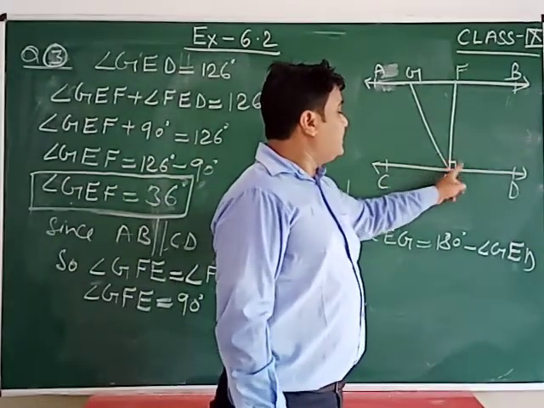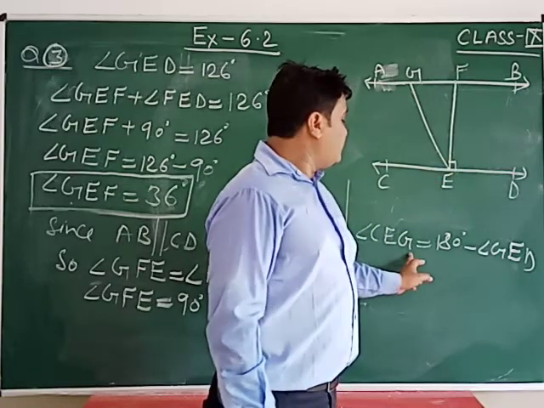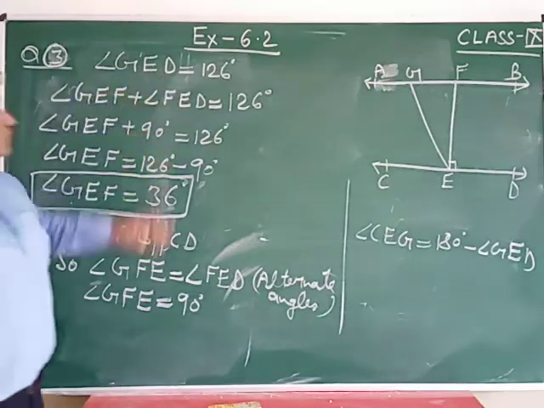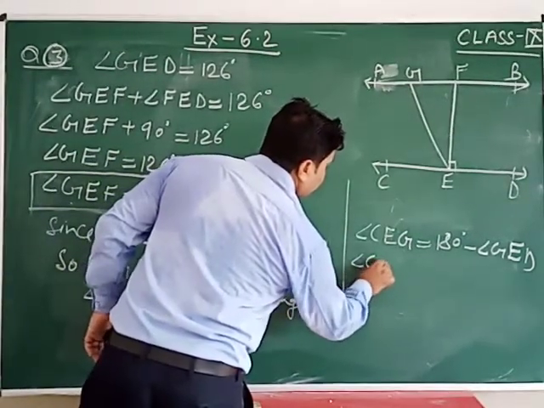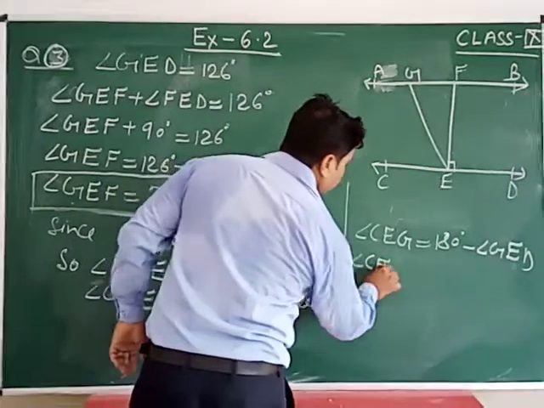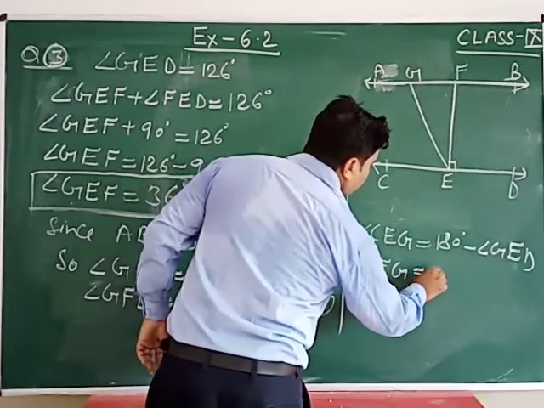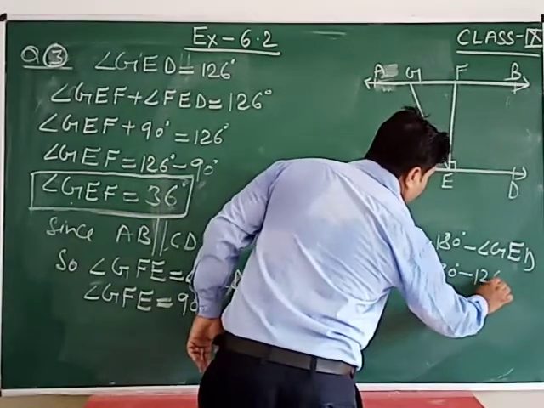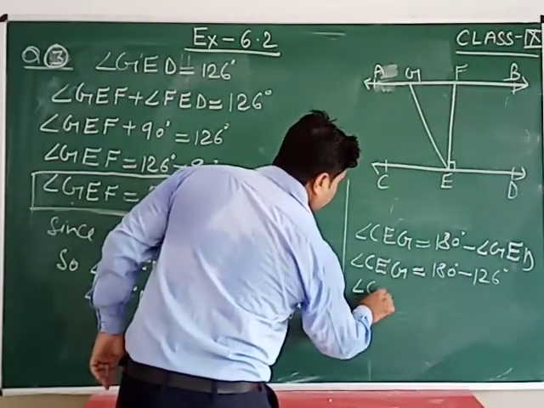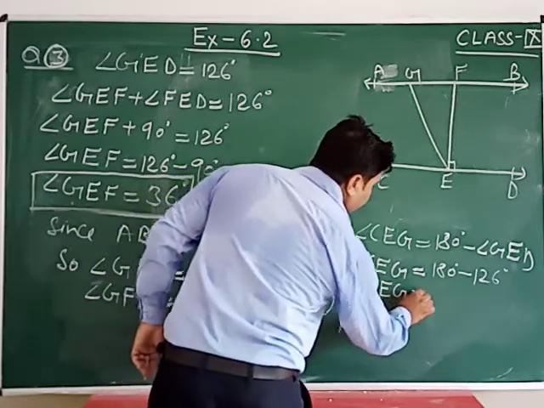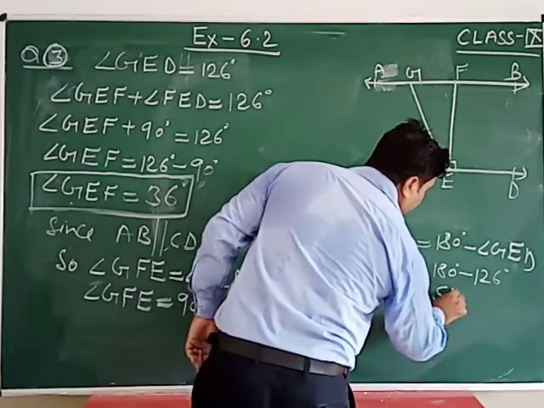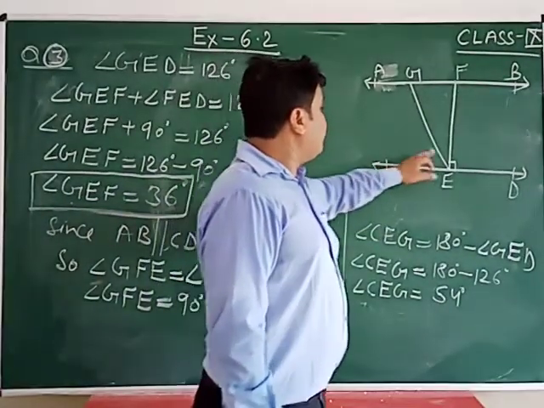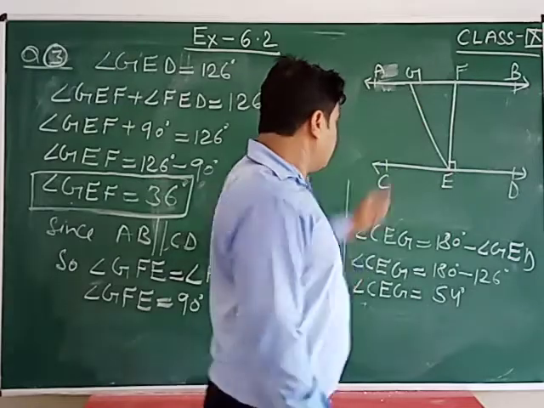So CEG equals 180 minus GED, and GED is 126. So angle CEG equals 180 minus 126, which is 54 degrees. Your CEG is 54.